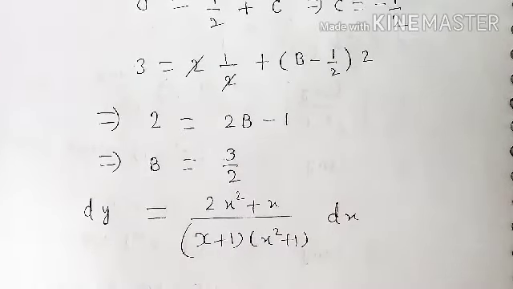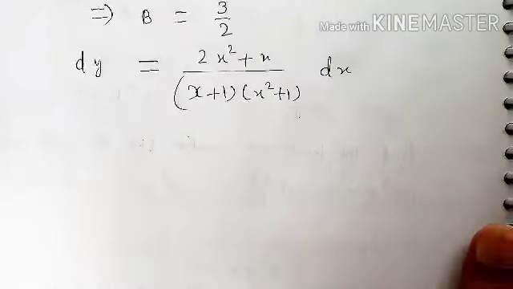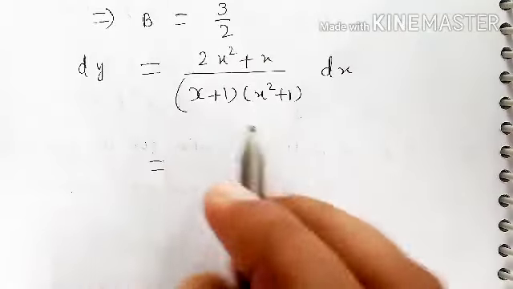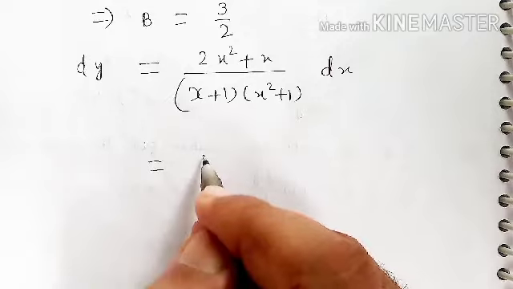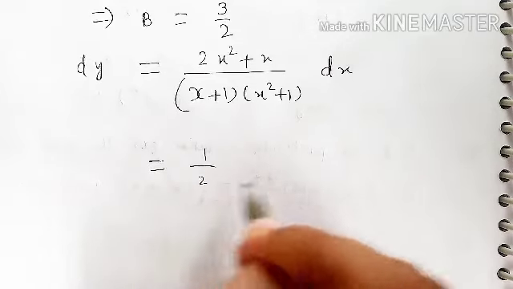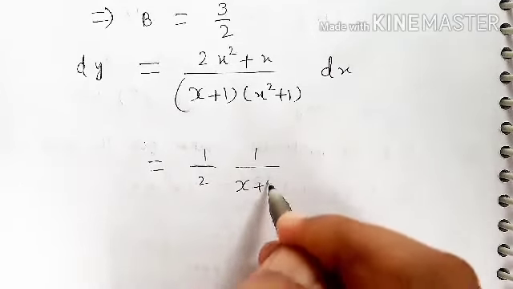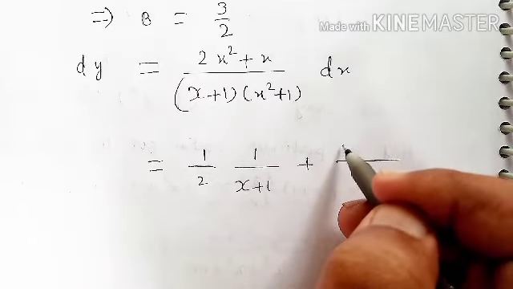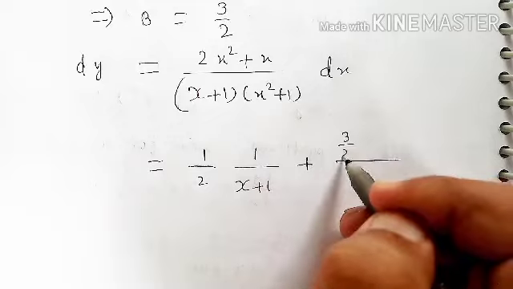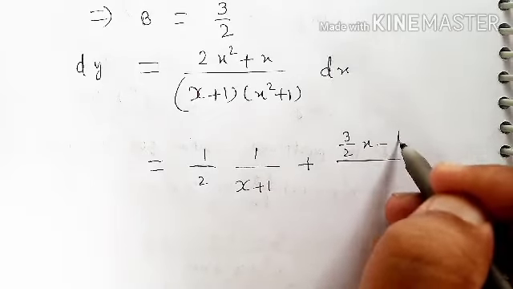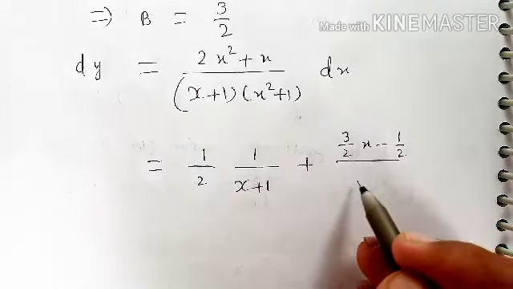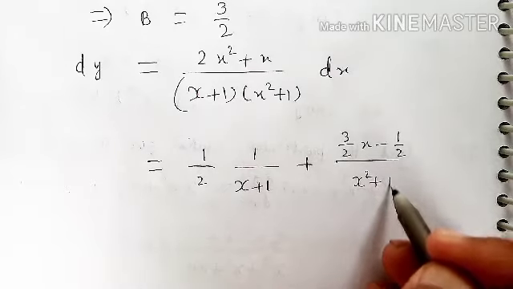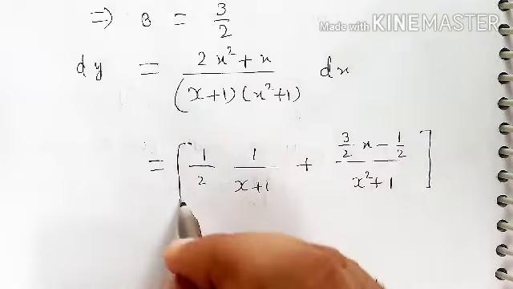This can be converted into partial fractions as A/(x + 1), where A is 1/2, so 1/2 times 1/(x + 1), plus (Bx + C)/(x² + 1), B is 3/2, so 3/2 x, and C is -1/2, over x² + 1, dx.